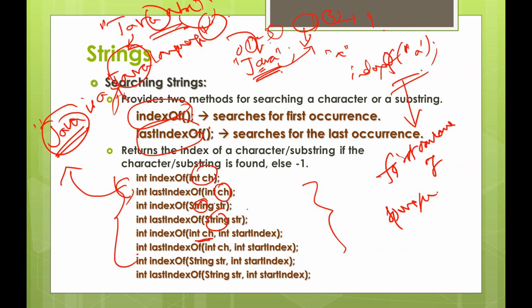Similarly, we can specify the character and the start index. If you want to start from here, you can specify that index here. Similarly, you can specify the last index here and search for Java, which will return -1. If a particular character or substring is found, this method will return its index. Otherwise, it will return -1.